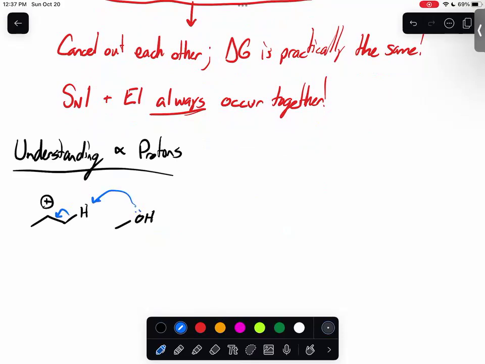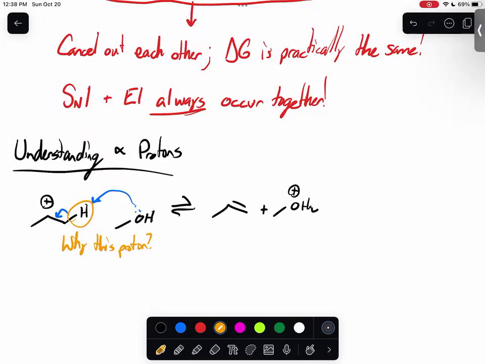So the question becomes, if that is going to be the one forming our alkene, why this proton? And what you want to do is think about octets and think about energy.